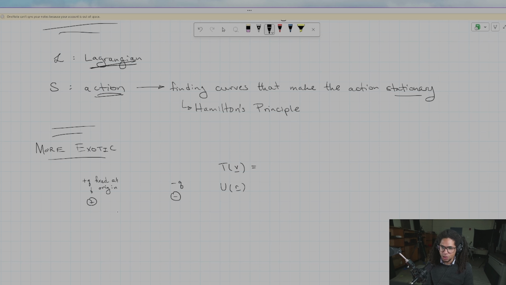The kinetic energy is going to be 1/2 mv squared, where now v squared is understood as the vector dot product. So actually, let me write it as v dot v for the time being. U of r, well, you'll remember this from an introductory electromagnetism class, is going to be minus kq squared over the magnitude of r. This k, by the way, is the Coulomb constant, not a spring constant.